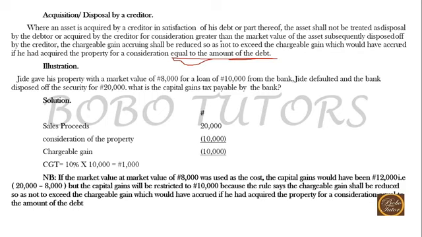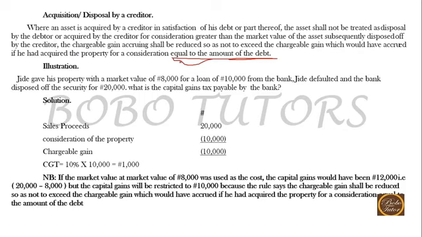Do you understand that now? Now, what about the consideration of the property? Is it the market value as at the time the debt occurred, or is it the amount of debt? Do you understand now? That is what this paragraph is trying to clarify.